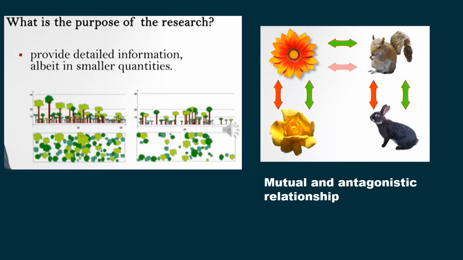For instance, mutual relationship between plants, mutual relationship between animals or between animals and plants, antagonistic relationship between plants, between animals or between plants and animals. If some species appear to play a key role, you can determine which, how and why, or if some species seem fundamental in consideration of the ecosystem, which, how and why questions can be answered.